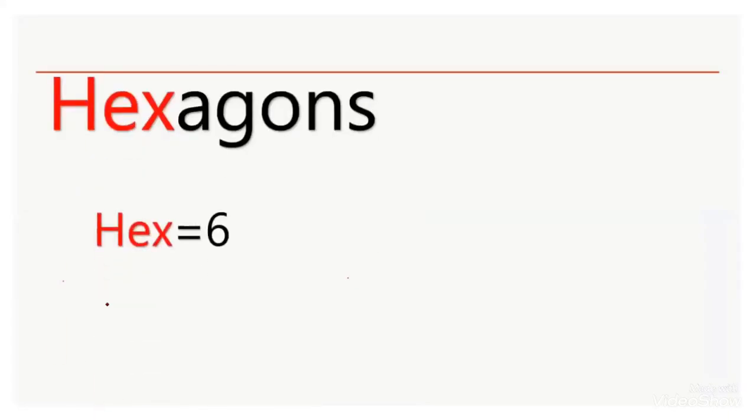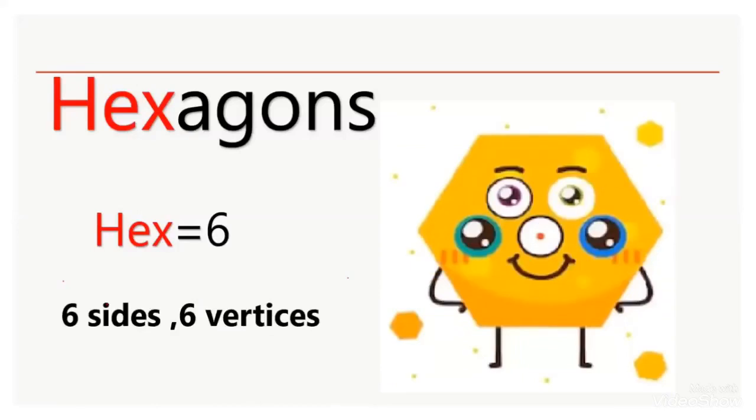Hex means 6, the same as the spelling of 6. Six sides, 6 vertices. Let us write here: 1, 2, 3, 4, 5, 6. We call it a hexagon.